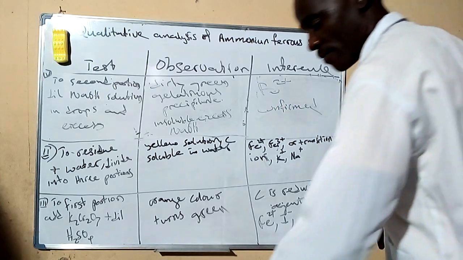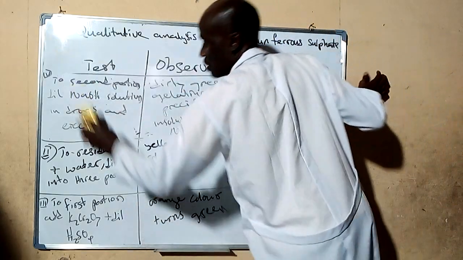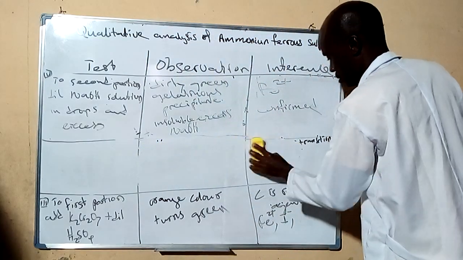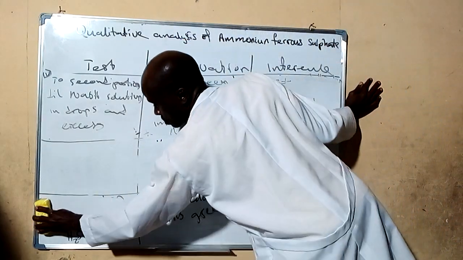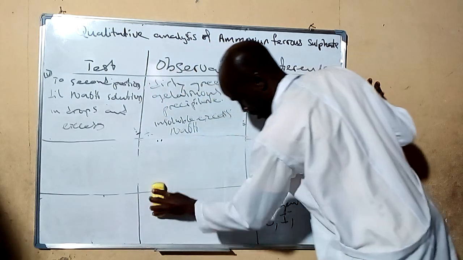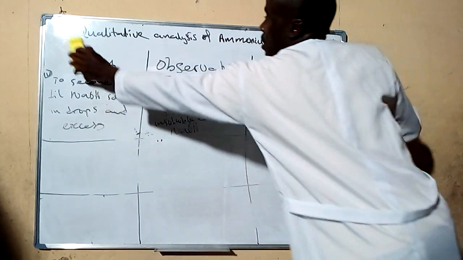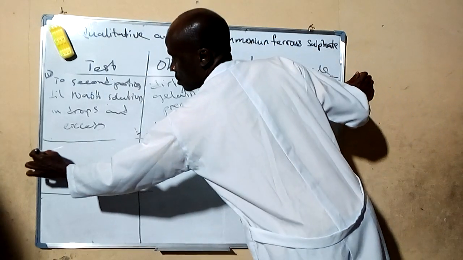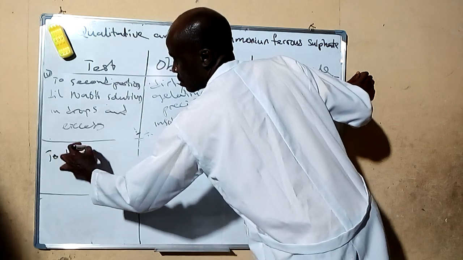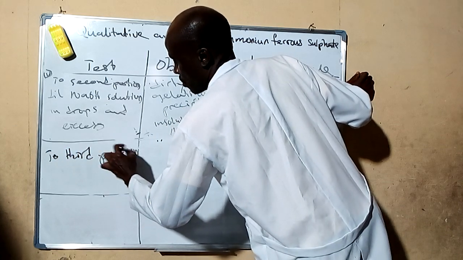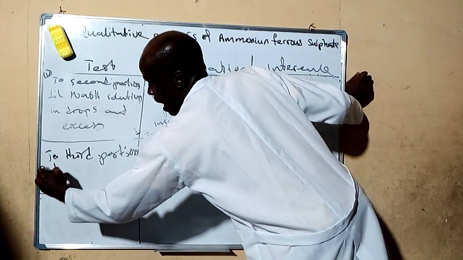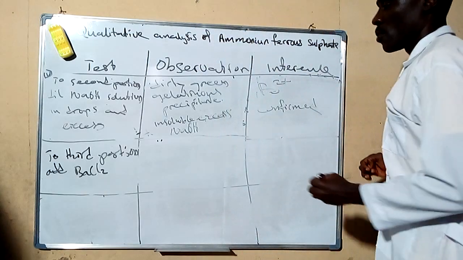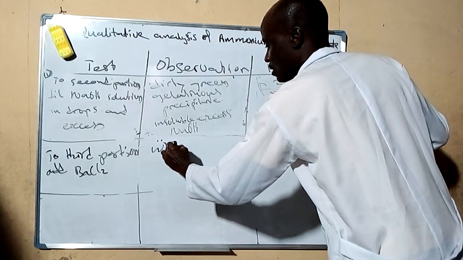The last test is on the third portion, to which we add barium chloride. When you add barium chloride, you have white precipitates.